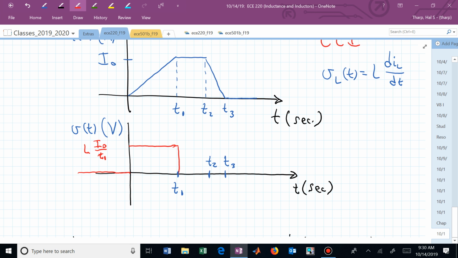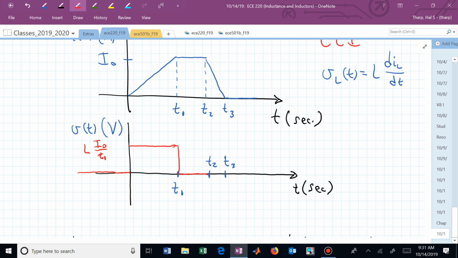That's now the value of the voltage between 0 and t sub 1. What's the value of the voltage between t sub 1 and t sub 2? Current is not changing with time. It's now 0. It's now a short circuit.